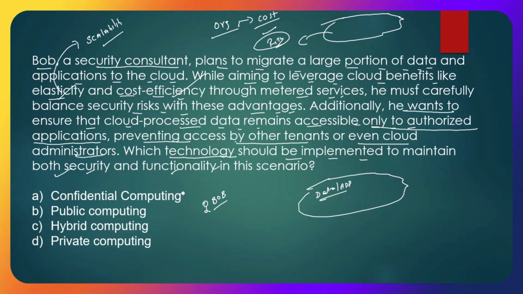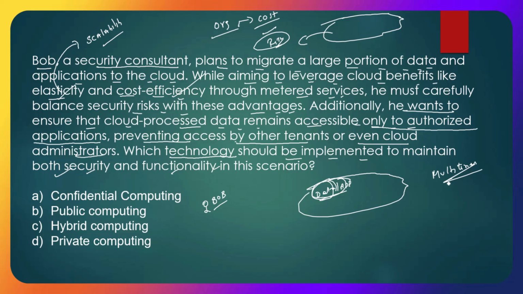When you read this question, it is all talking about Bob wanting to move the application and data to the cloud because of a lot of benefits in the cloud, but cloud also adds a lot of risk. So what they're coming up with in the question is, when I move this data, or specifically the data, to the cloud, as cloud is a multi-tenant environment, there is a huge risk.